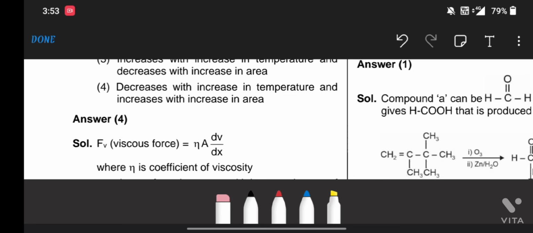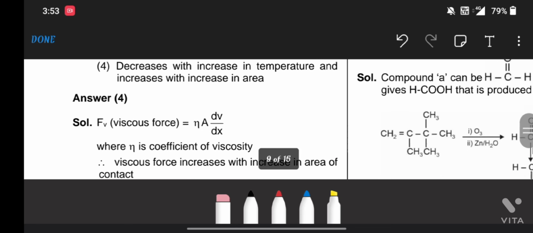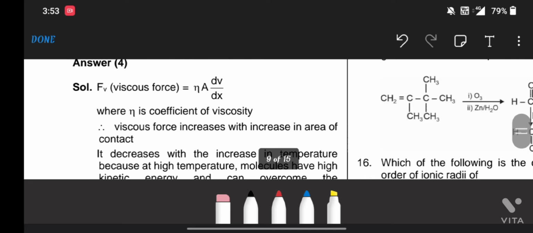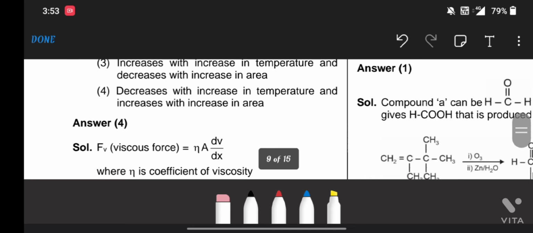Next, option 4 says it will decrease with the increase in temperature, and it will increase if there is increase in area.